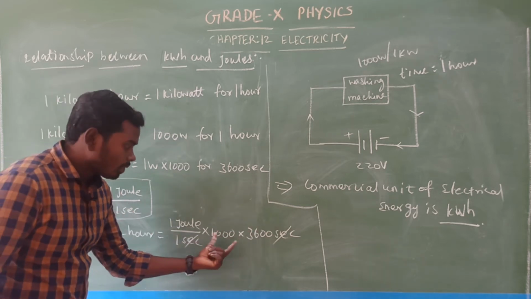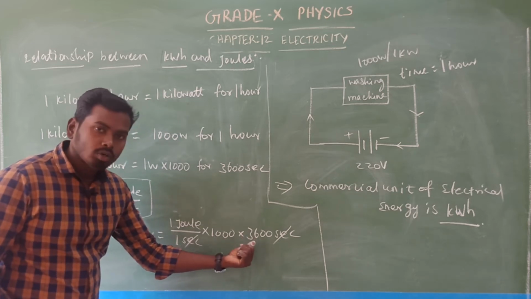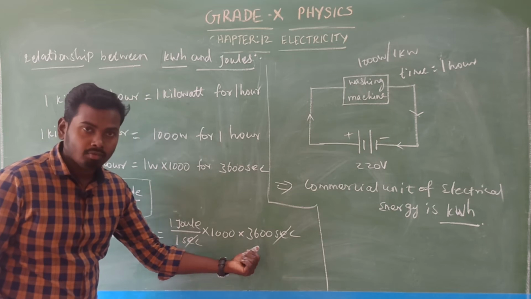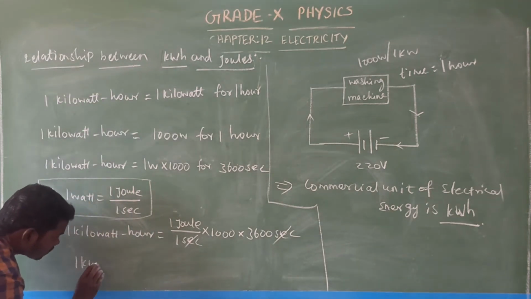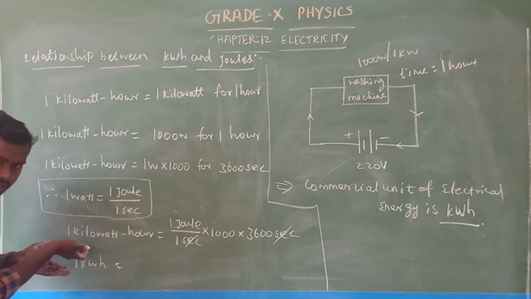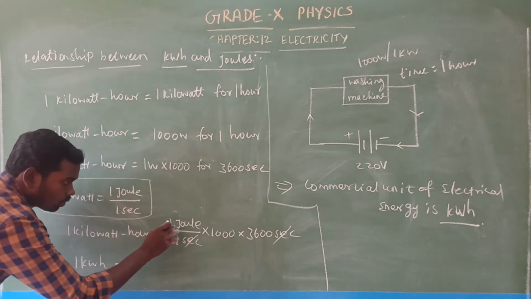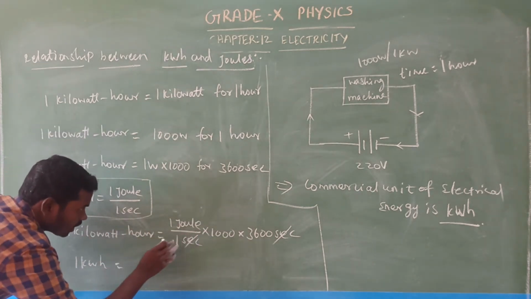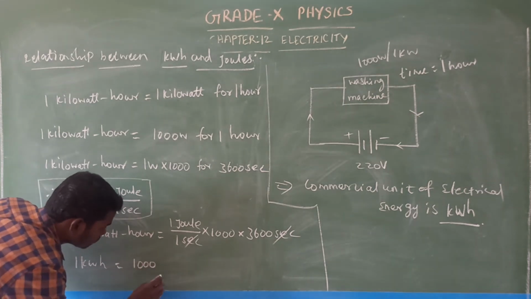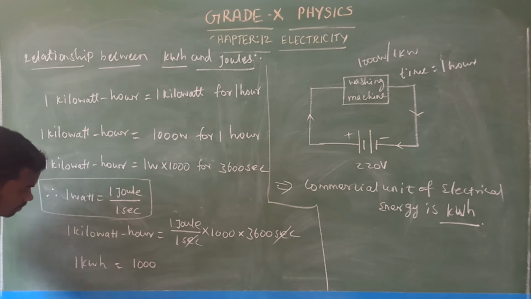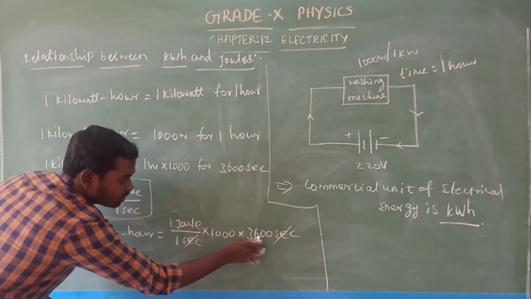That's all. You multiply both. Note this point. 1000 into 3600. What will be there? Look at here. So 1 kilowatt hour, I have modified this in terms of symbols. 1 kilowatt hour is equal to, you multiply all. 1000 into 3600.